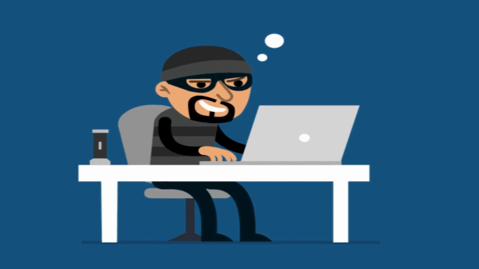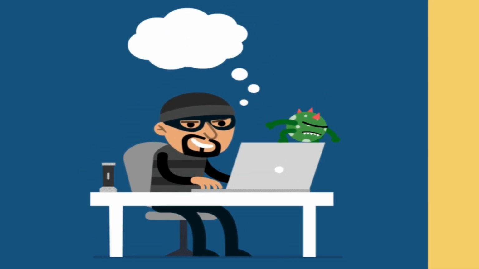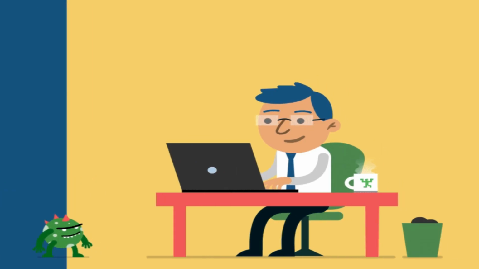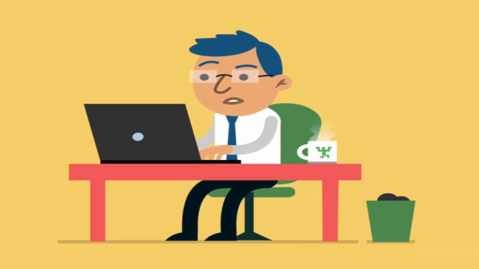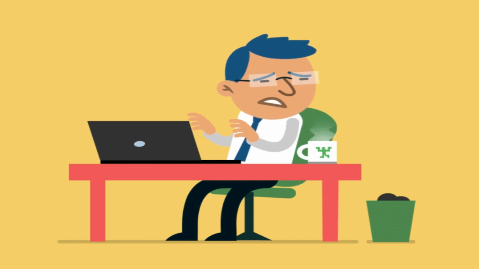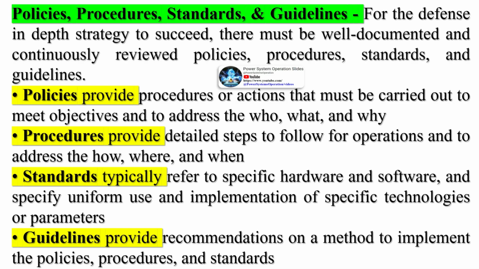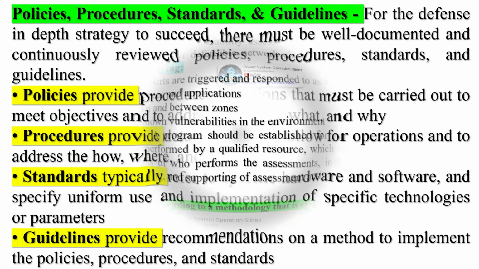Procedures provide detailed steps to follow for operations and to address the how, where, and when. Standards typically refer to specific hardware and software, and specify uniform use and implementation of specific technologies or parameters. Guidelines provide recommendations on a method to implement the policies, procedures, and standards.